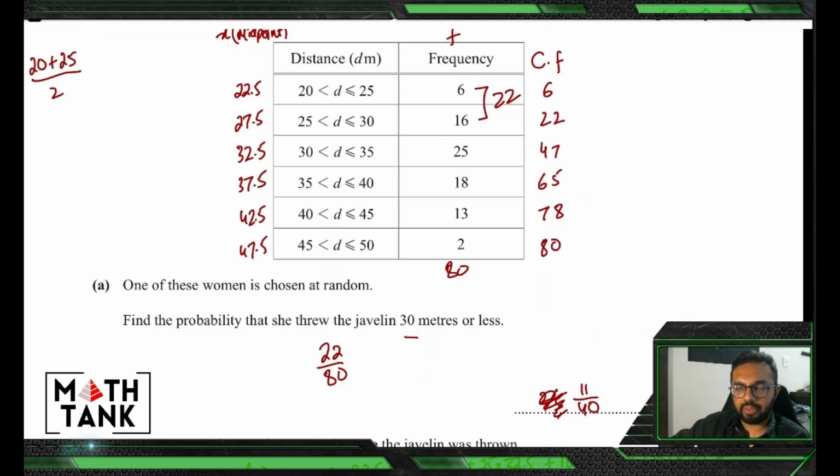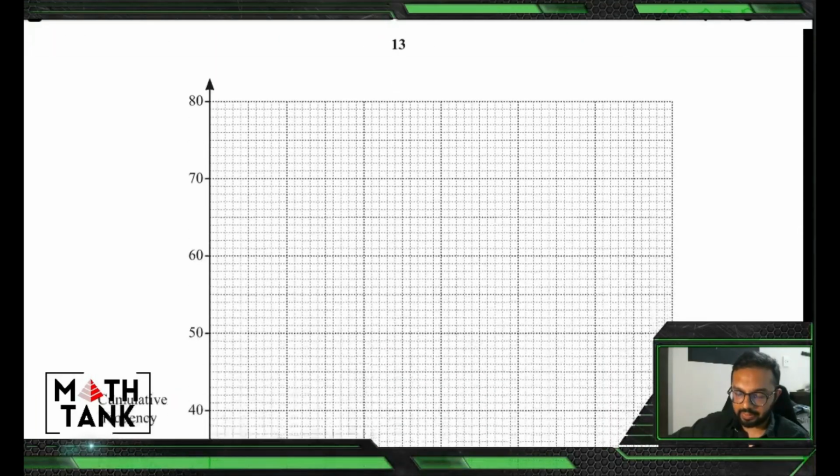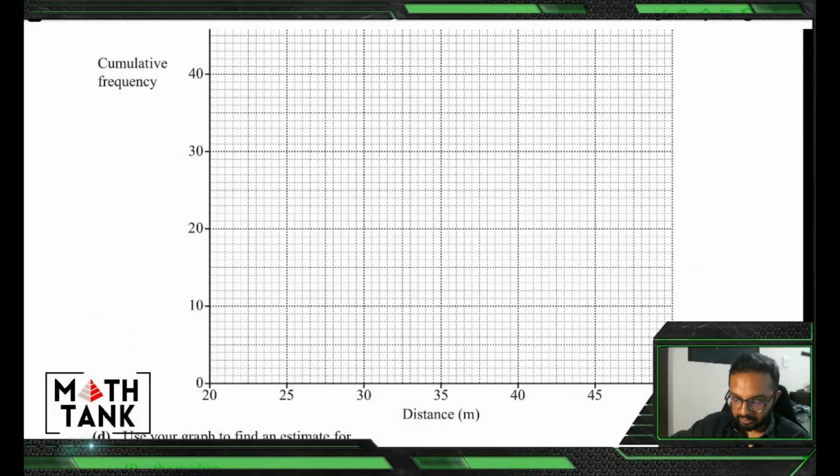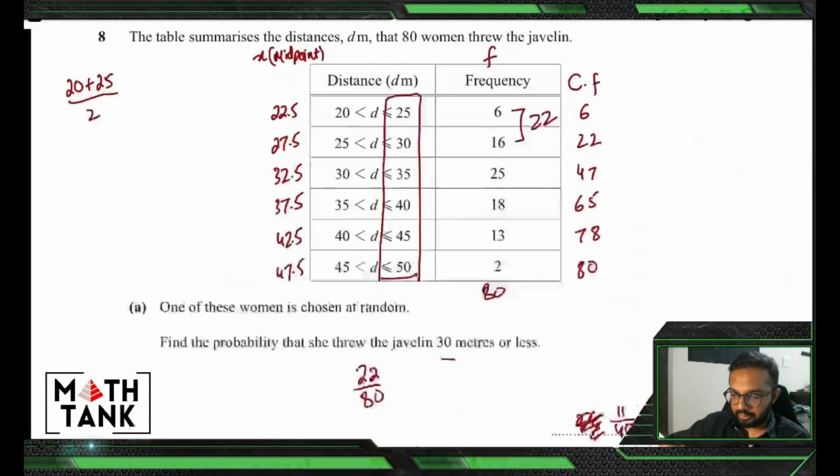Now remember that when you are plotting cumulative frequency, you will plot against the upper class boundaries only. So you will plot 25 on the x-axis and with that 6 on the y-axis. The grid is already drawn for me. So 25 and 6 goes here. Okay, I make a small x. It's here to show you.